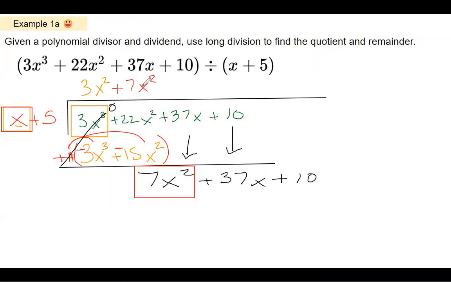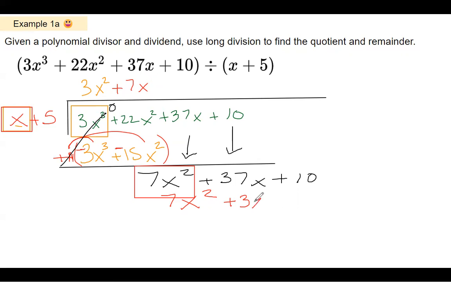So let's go ahead and multiply 7x times x. 7x to the power of 2. And 7x times 5. Sorry, guys, it's just 7x. There you go.